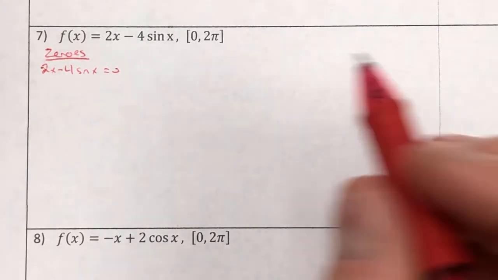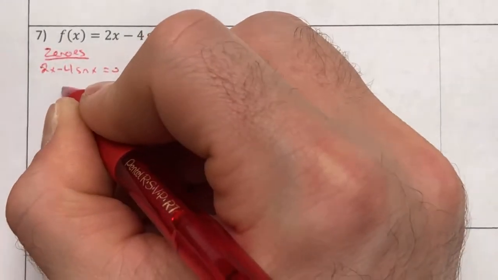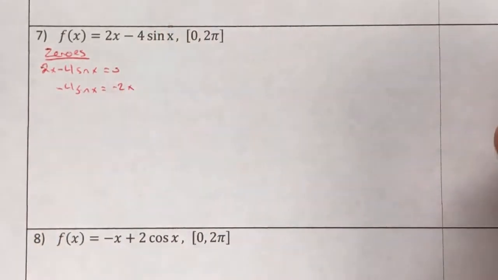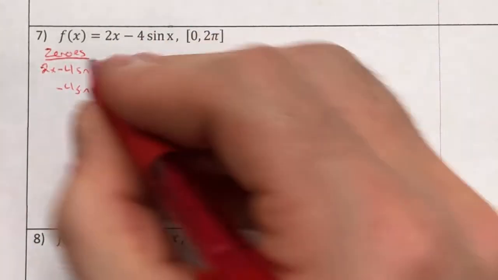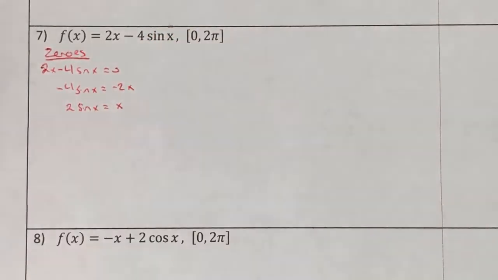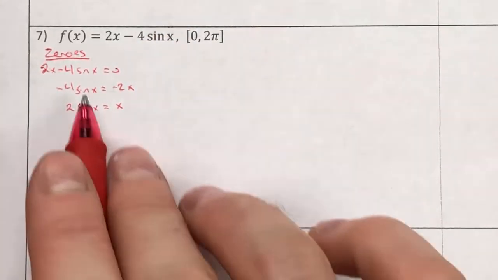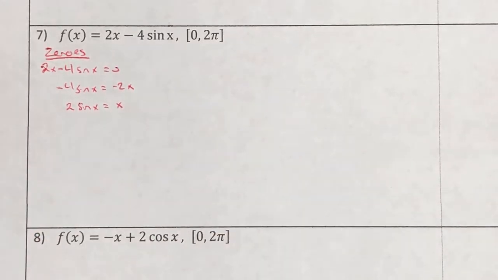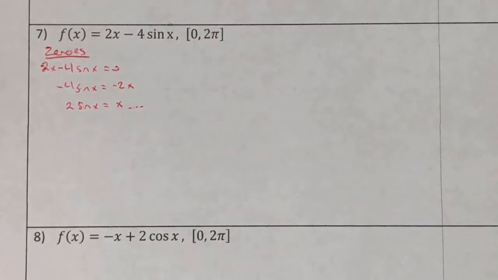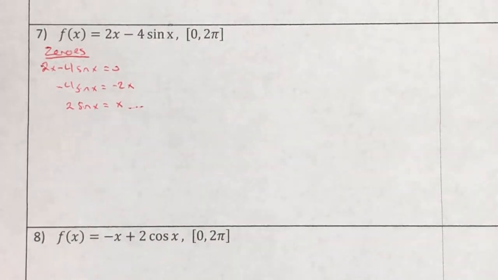So I might try and say, okay, well, how about negative 4 sine x equals negative 2x? Divide both sides by negative 2, and I'll get 2 sine x is equal to x. But again, this doesn't really do a whole lot for me. So I'm going to put a pause in that and come back to that later on.